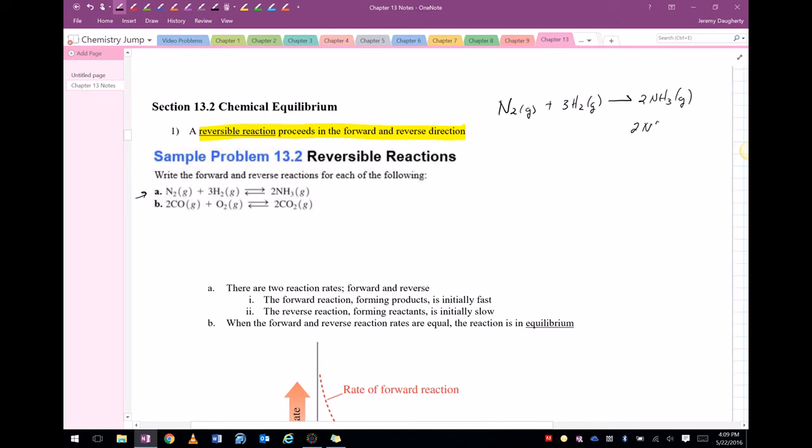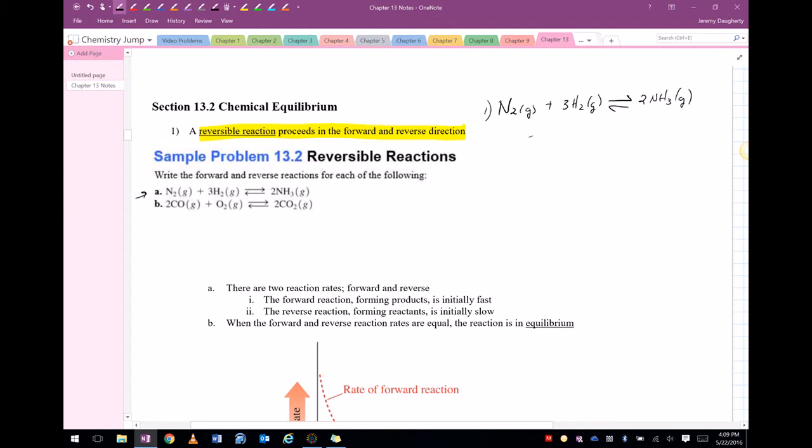The 2 ammonia gases are breaking down to form 3 hydrogens and 1 nitrogen. So we have reaction 1 and reaction 2 occurring at the same time. That's what a reversible reaction is. So instead of writing both reactions like that, we just do another arrow beneath it showing the opposite direction.